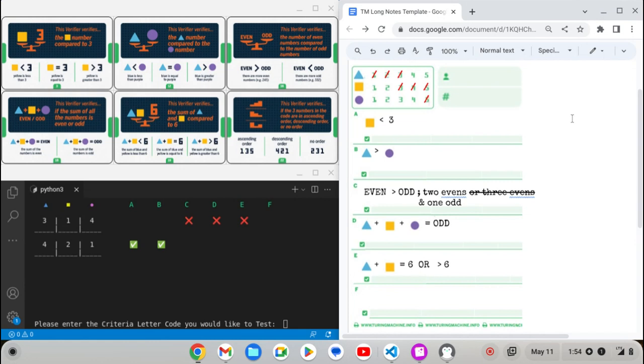So if we were to test criteria E again and to determine whether it's 6 or greater than 6, again, I do have two possibilities, and that's 4, 2 and 5, 1. Oh, actually, it could not be 5, 1 because we remember we have two evens.